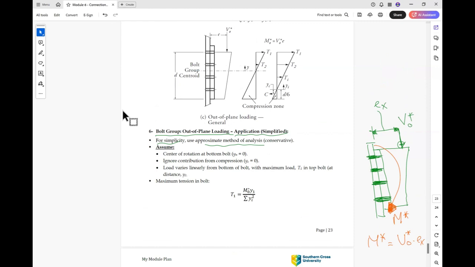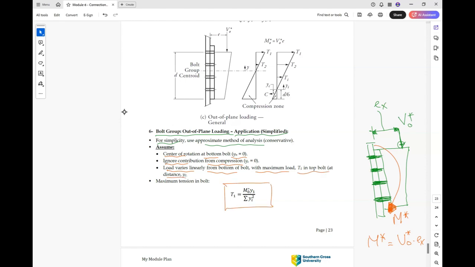So we will have some assumptions: the center of rotation is at the bottom bolt, so Yn is 0. Ignore the contribution from the compression, so Yc equals 0. Load varies linearly from the bottom of the bolt with maximum load T1 in the top bolt at distance Y1.